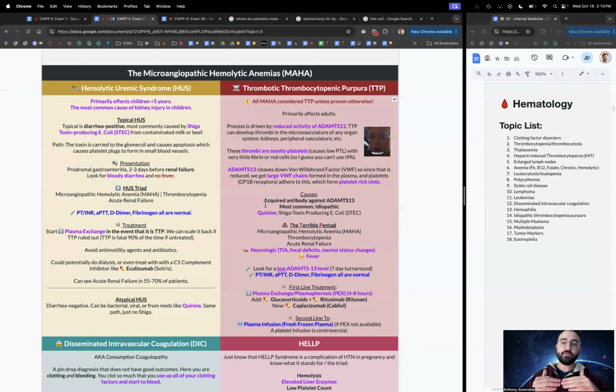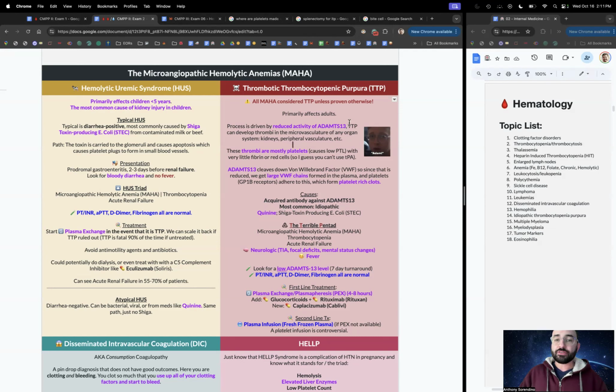When there's some type of endothelial damage, or really damage anywhere where you're using the primary clotting pathway, platelets are going to stick to it. So if you don't have von Willebrand factor, platelets have nothing to really stick to, and they can't all pile on top of each other.